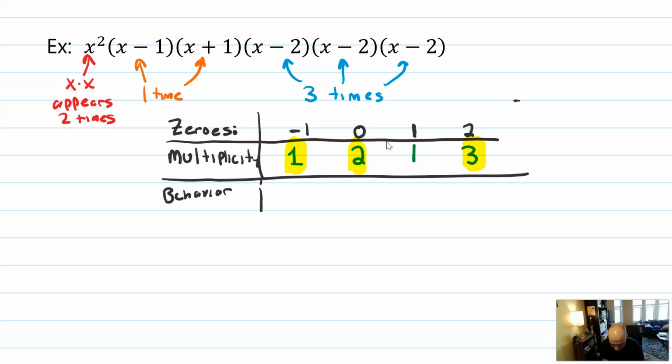At multiplicity 1, we're going to cross right through the axis. At multiplicity 2, we're going to bounce off the axis. Multiplicity 1, we're going to cross the axis. And multiplicity 3, we're going to cross and flatten out.